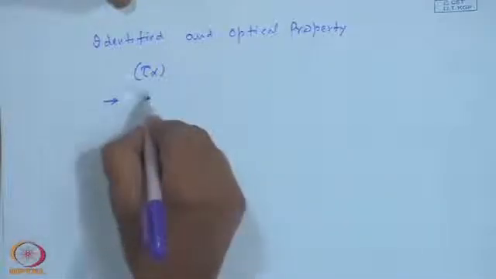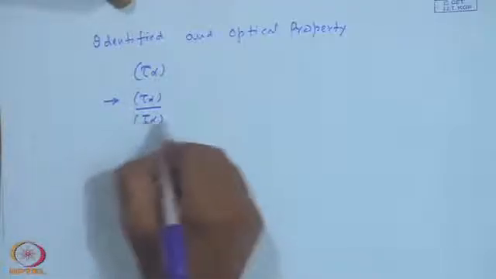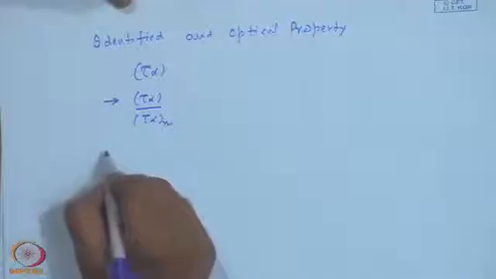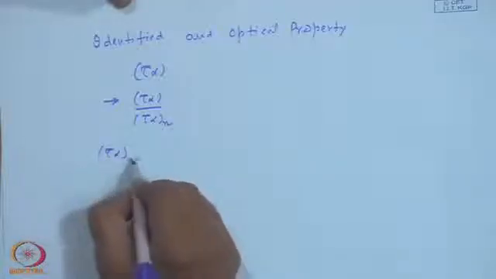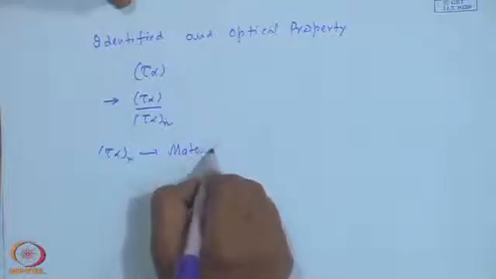The normalized quantity will be tau alpha by tau alpha normal. Tau alpha normal is a material property.